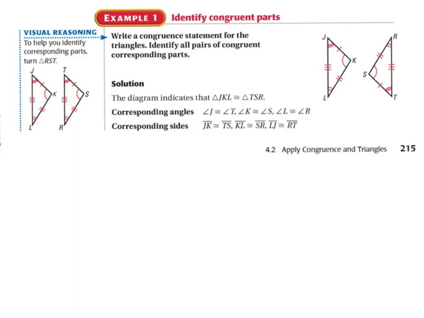For completion here, the corresponding angles: angle J corresponds to angle T, angle K corresponds to angle S, angle L corresponds to angle R. The corresponding sides: JK corresponds to TS, segment KL corresponds to SR, and segment LJ corresponds to RT.